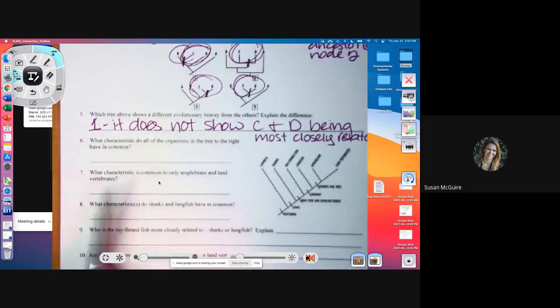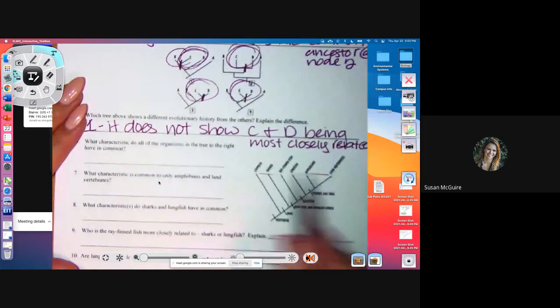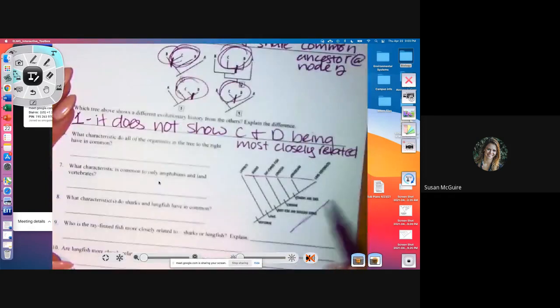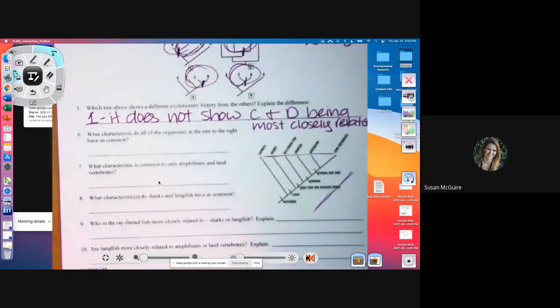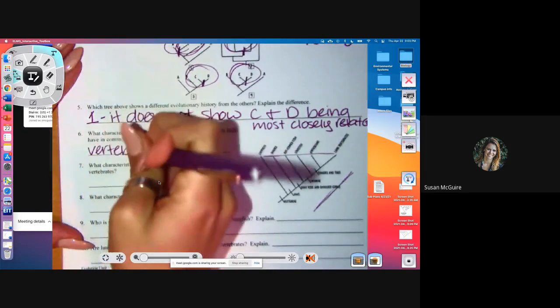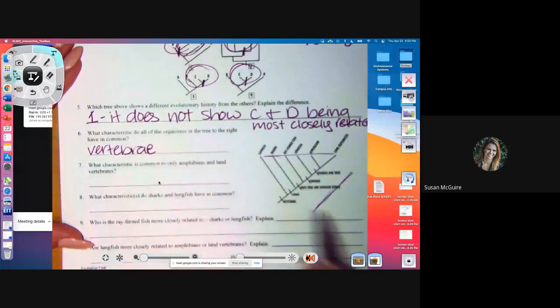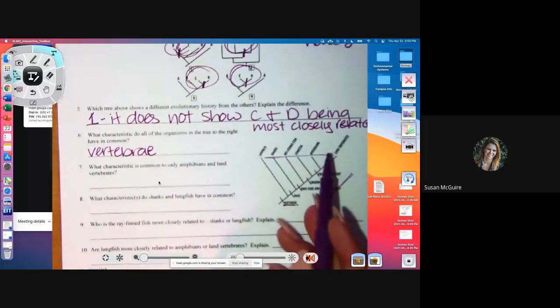6, what characteristics do all the organisms in the tree to the right have in common? So all these organisms, these are the characteristics. What do they all have? Vertebrae, because that's a trait that emerged before all these organisms did.